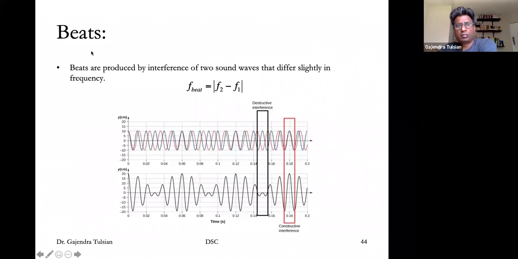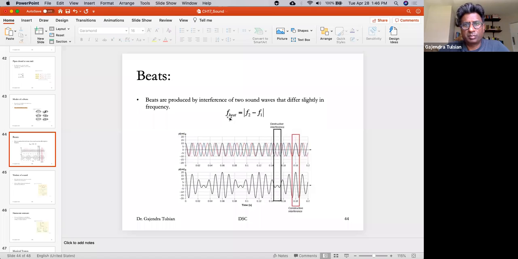Okay. We'll quickly talk about beats. If you produce 2 sounds simultaneously whose frequencies are close by, you will hear an intensity. The sound's intensity will go up and down with the beat frequency. And the beat frequency is just the difference in the two frequencies.